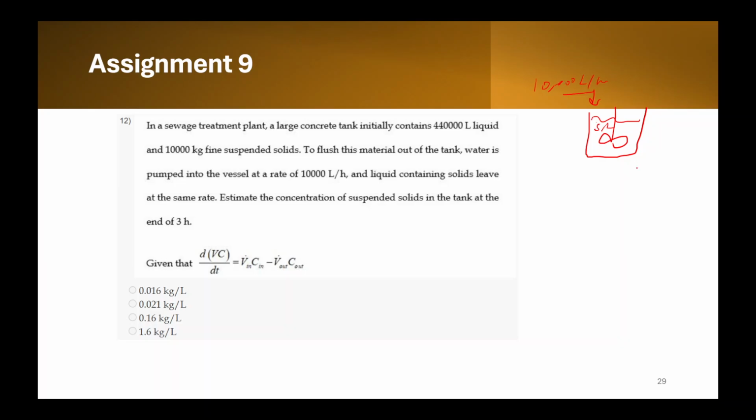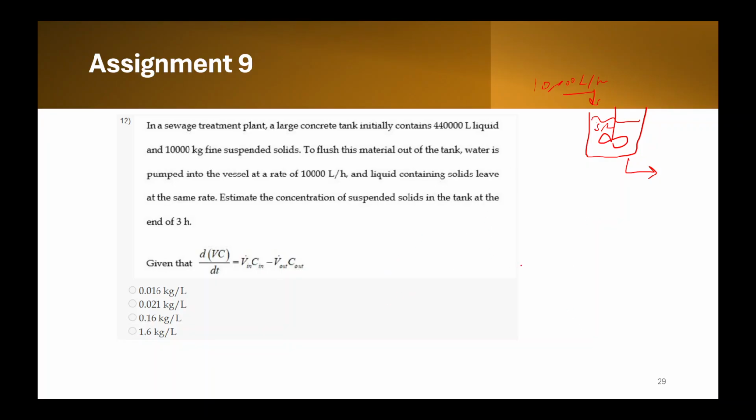You add in the water, and then at the same rate it is being taken out. So you are given the material balance equation here. Now this is the transient balance because there was already some mass accumulated inside the tank. So there will be an unsteady state in terms of material balance.